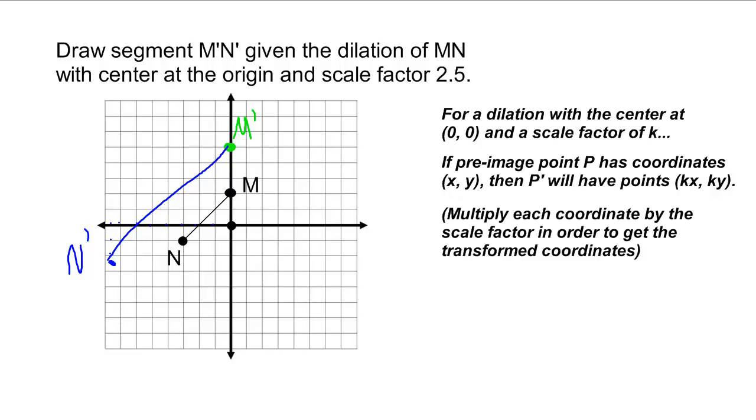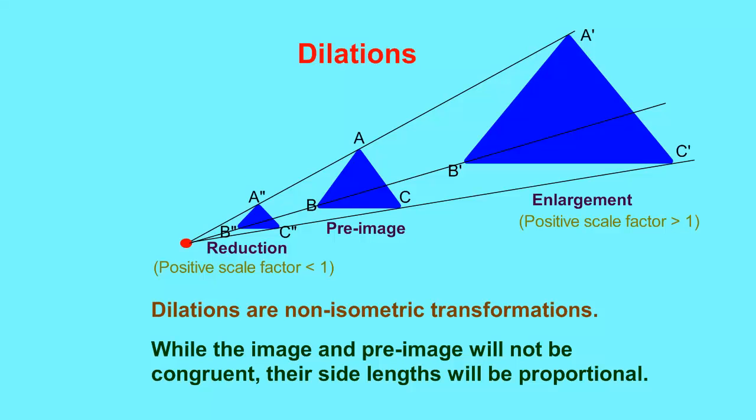So another way of wording this is you can simply multiply each coordinate of the pre-image by that scale factor in order to get the transformed coordinates. So just to review, dilations are not isometric. They are transformations, but they're not isometric.